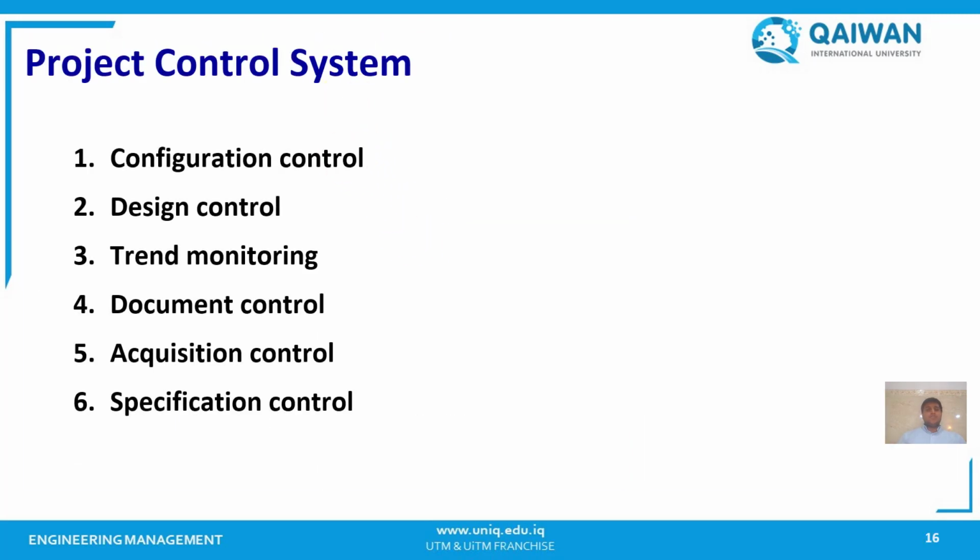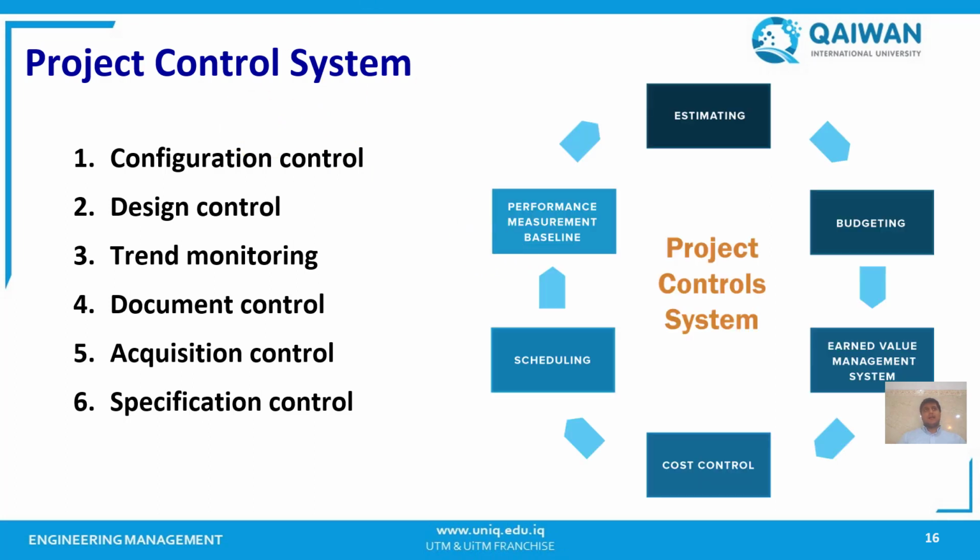Project control system. A project control system is a comprehensive framework consisting of processes, tools, and techniques used to monitor and manage various aspects of a project. It enables project managers and stakeholders to maintain visibility, make informed decisions, and ensure project success.